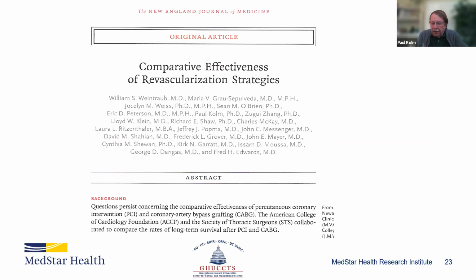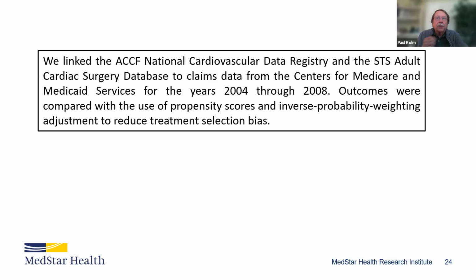In this analysis, we linked 2 different registries, the National Cardiovascular Data Registry and the STS Adult Cardiac Surgery Database to claims data from the Centers for Medicare and Medicaid Services for the years 2004 through 2008. And so outcomes, in this case survival, were compared with the use of propensity scores and inverse probability weighting.